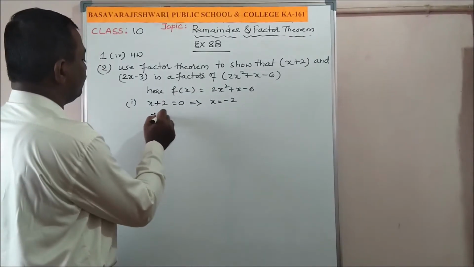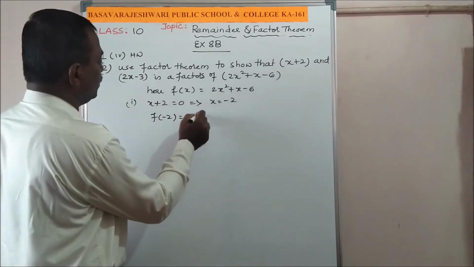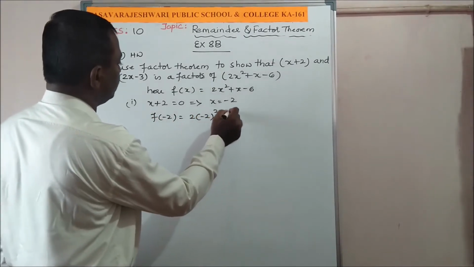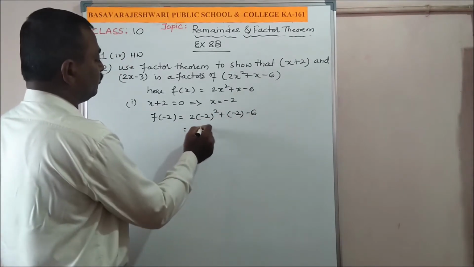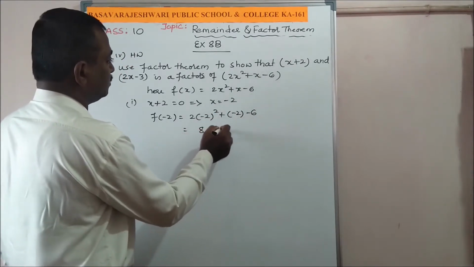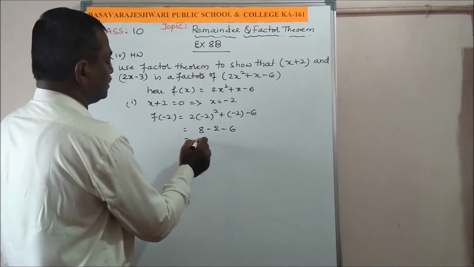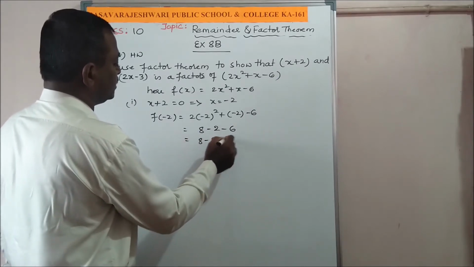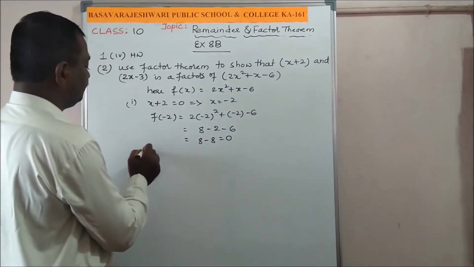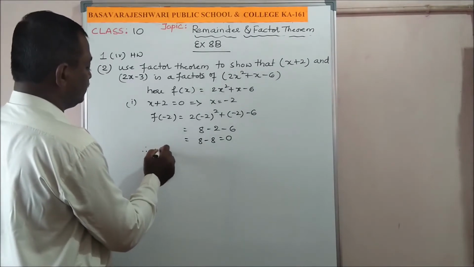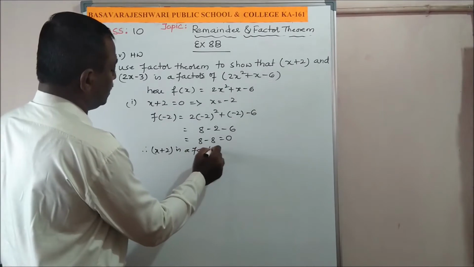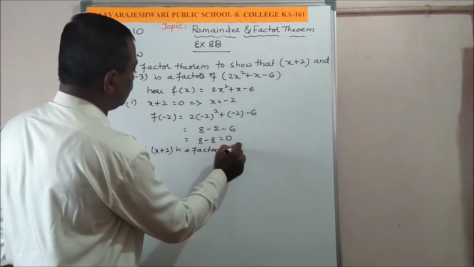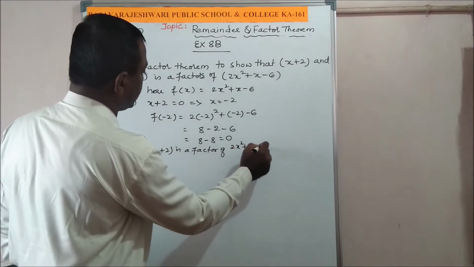So f(minus 2) is equal to 2 into (minus 2) squared plus minus 2 minus 6. 2 squared is 4, 4 times 2 is 8, minus 2 minus 6, so 8 minus 8 is equal to 0. Therefore x plus 2 is a factor of 2x squared plus x minus 6.